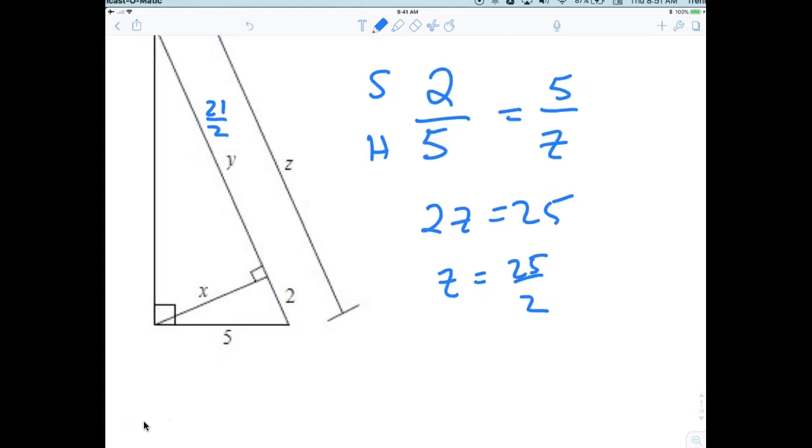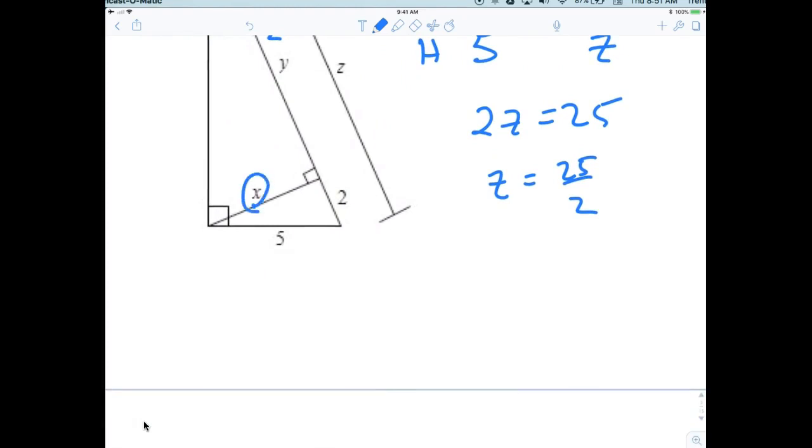Now, personally, instead of doing a proportion, I just see a squared plus b squared equals c squared there. Everybody with me? 25 minus 4. Square root of 21. Radical 21.